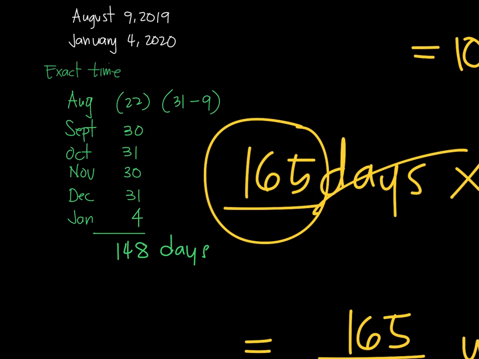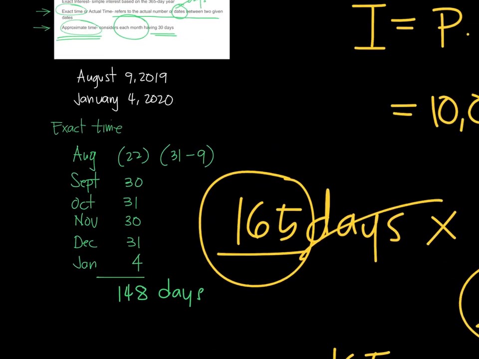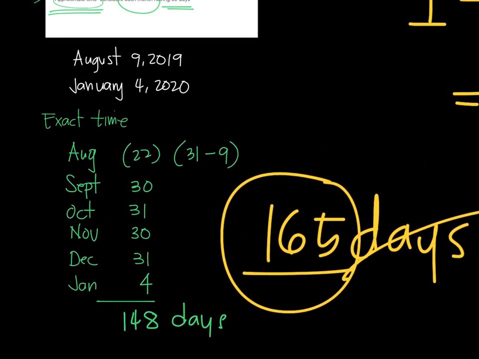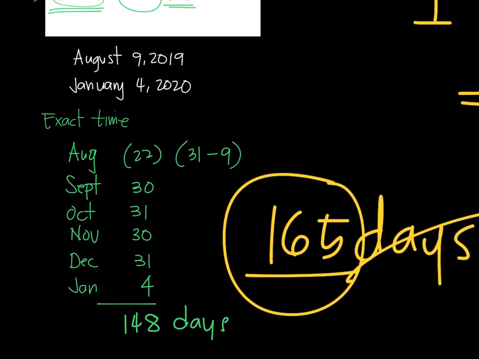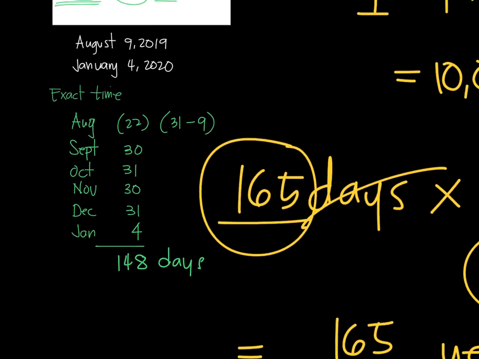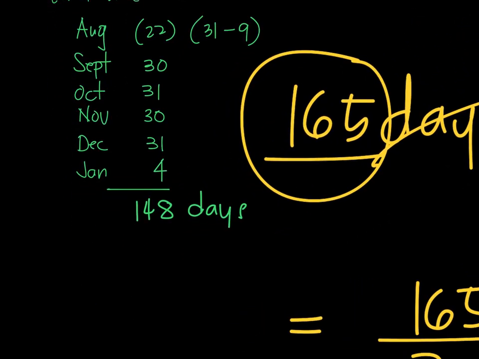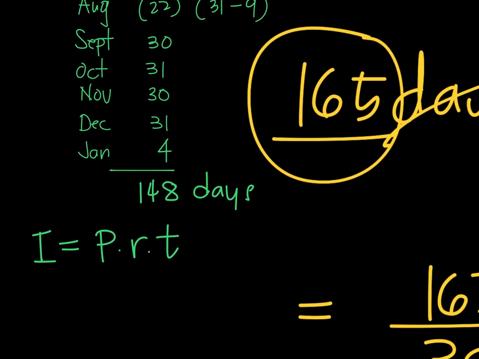So that is the number of days we will be using if a loan of some amount was borrowed on August 9, 2019 and has to be paid on January 4, 2020. This 148 days is the one that you will place in the formula: I is equal to the principal times the rate times the time.